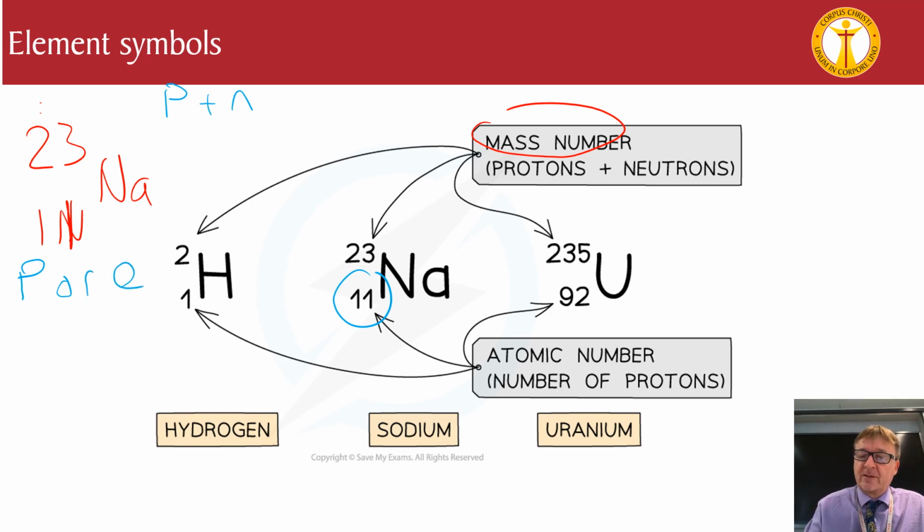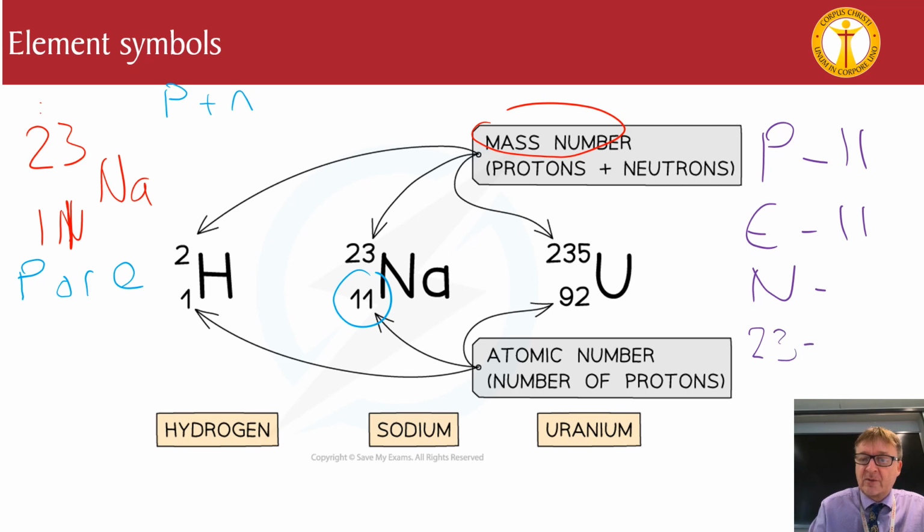We tend to go protons, electrons, neutrons. Protons in sodium is 11, the number at the bottom. Number of electrons is usually the same, 11. And for the number of neutrons, you do a little sum: 23, which is the big number, take away 11, gives you 12, which is the number of neutrons.